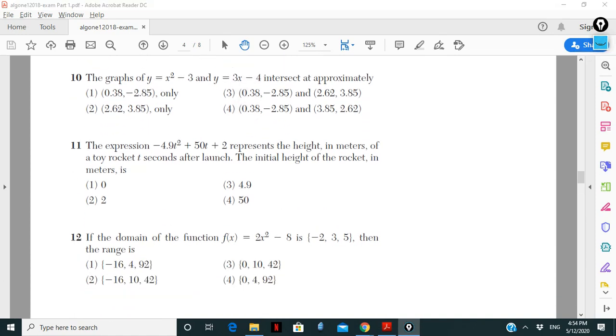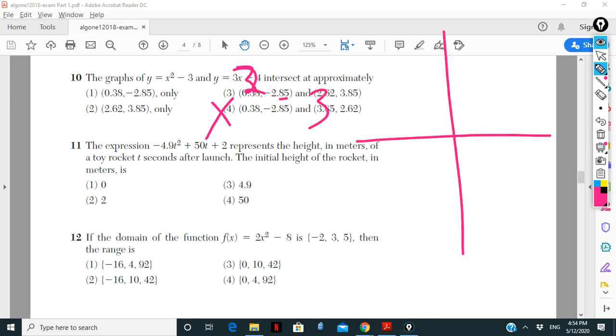So first, I have two equations. Let me write. So I have x squared minus 3. So what happened here? It's going down by 3. So that's the y-intercept, -3.